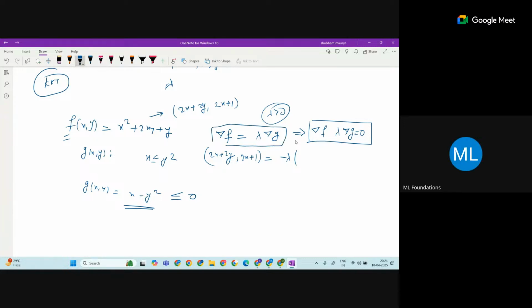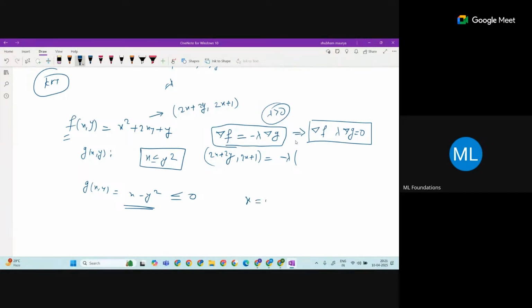See here, I intentionally gave this, because this is an inequality constraint. So either you write lambda or minus lambda, it doesn't matter in equality problems, but it will matter here.